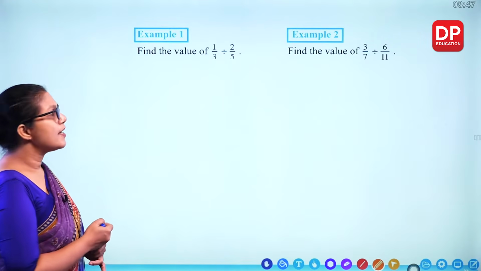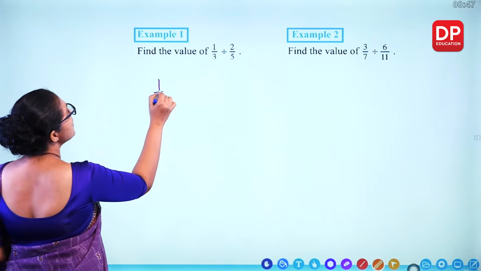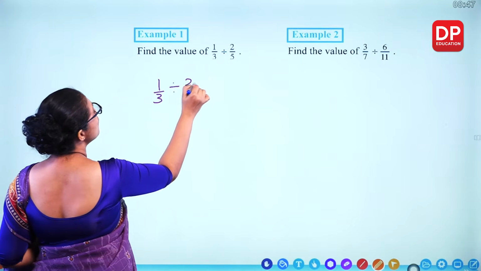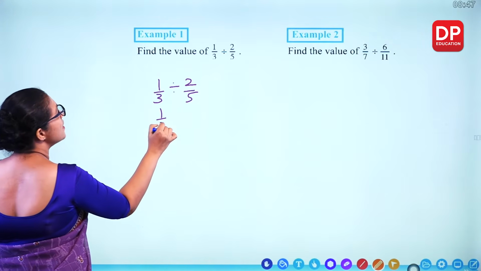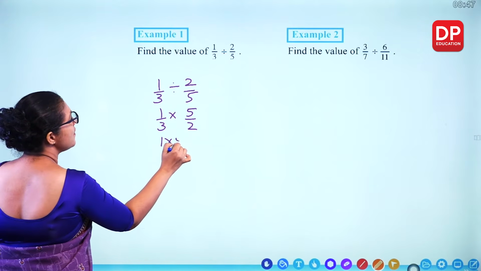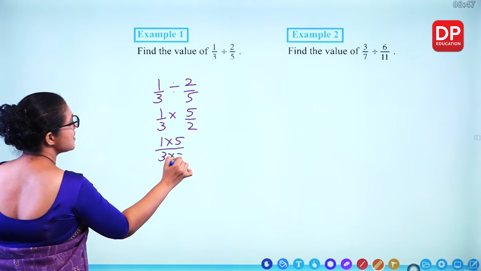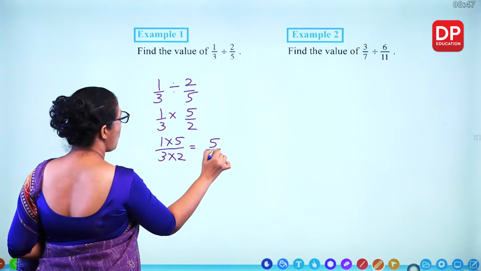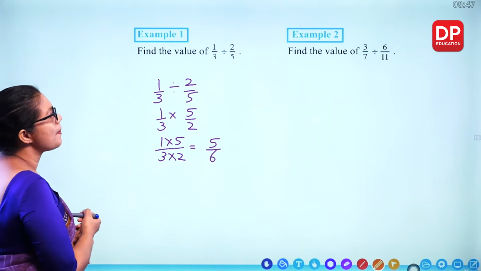Example number 1. A fraction divided by another fraction. 1/3 divided by 2/5 means 1/3 multiplied by 5 over 2. Multiply the numerator, denominator separately, you get 5 over 6.